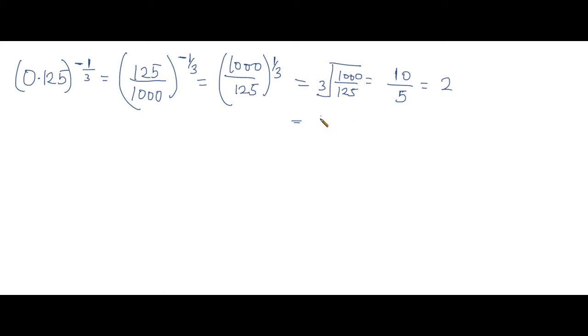If we divide this, we have the cube root of 1000 over 125. If we divide this, 5 can go here, 200 over 25. 5 can still divide here, excuse me, so that will be 40 over 5, and 5 can still divide, and this will be 8.